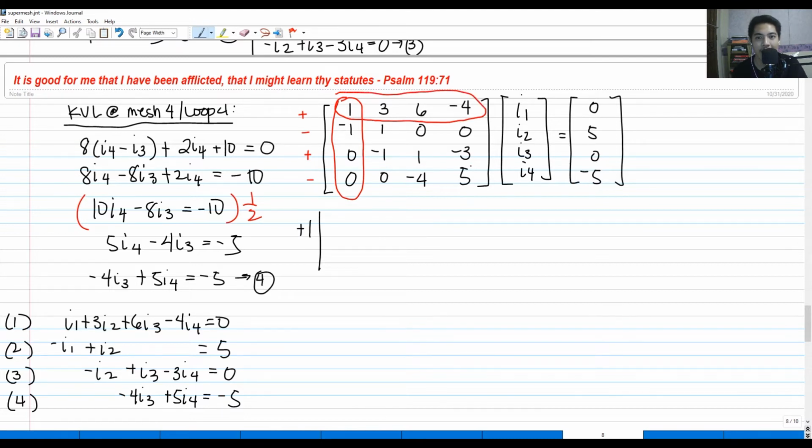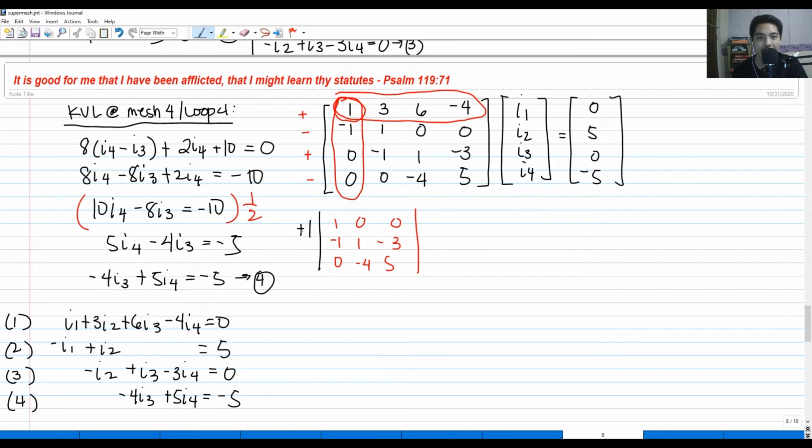So I will have the determinant of this: 1, negative 1, 0, 0, 0, 1, negative 3, and negative 4, 5. Again, I have the pivot element of 1, with a positive sign, plus 1, multiplied by the 1, so it doesn't matter, still 1.